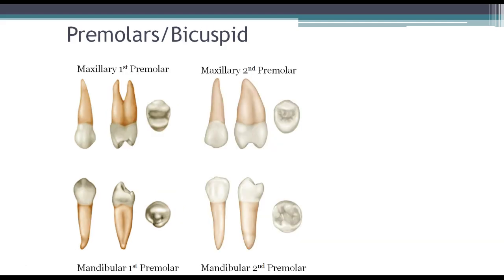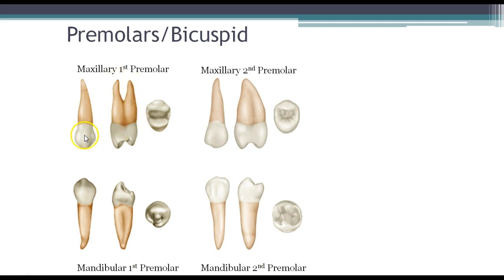Then we have our premolars, which are also referred to as bicuspids. Either word works. Your upper first premolars tend to have 2 roots. If you look at it in a profile perspective, you'll have 1 root here and 1 root in the back.